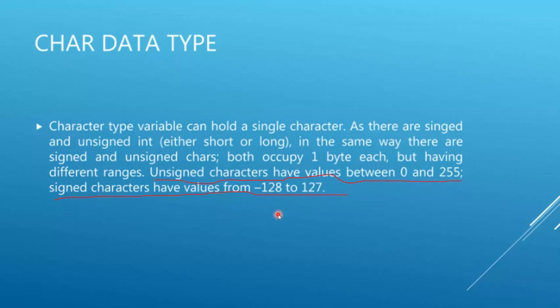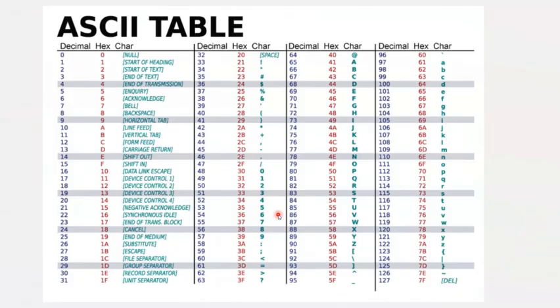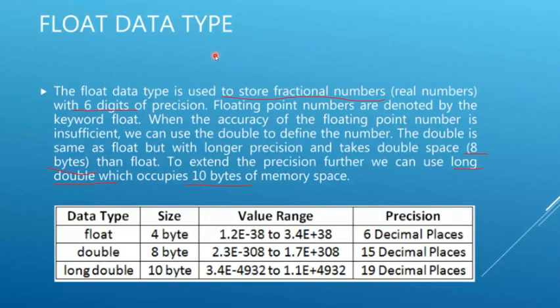We use ASCII values in C language to store any character. We will discuss in further videos how we'll use this ASCII table, but for knowledge you can just go through this table.